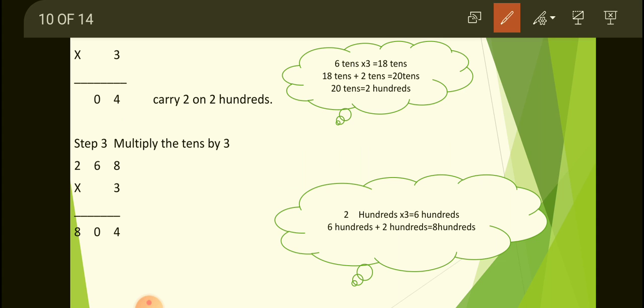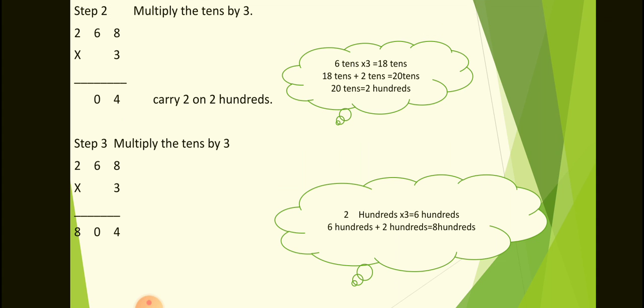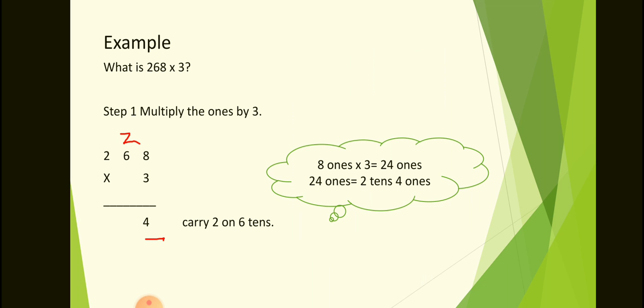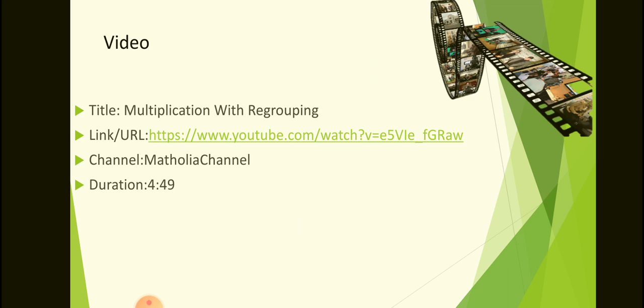In step 2, 6 3s are 18, and 18 plus 2 equals 20. So I am writing 0 here and taking the 2 as a carry on the hundreds. 3 2s are 6. 6 plus 2 equals 8. The answer is 804.